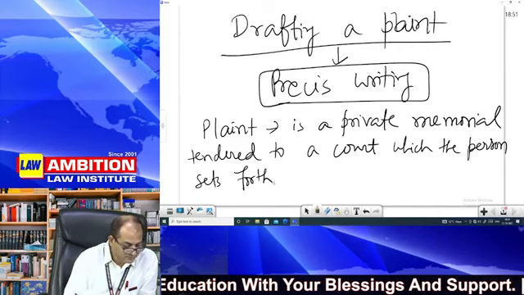Now, on what basis does he seek action of the court? What is the cause behind that particular action which he seeks from the court? Tendered to a court where the person sets forth his cause of action.